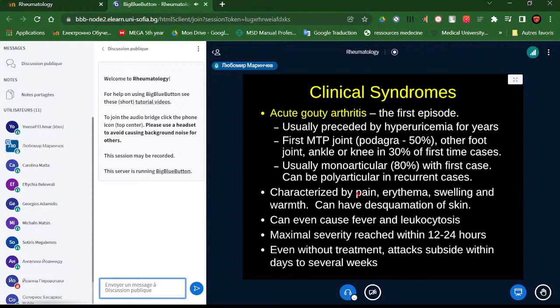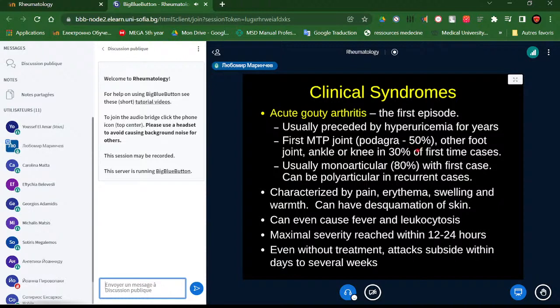Which are the main clinical symptoms and syndromes? The first one is acute gouty arthritis, the crisis. The first episode is usually preceded by hyperuricemia for many years. The most often affected joint is the MTP joint. This is why it is called podagra.